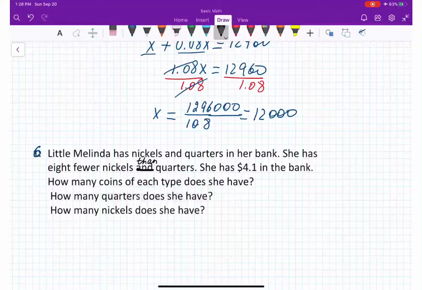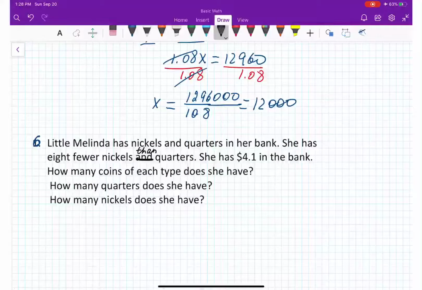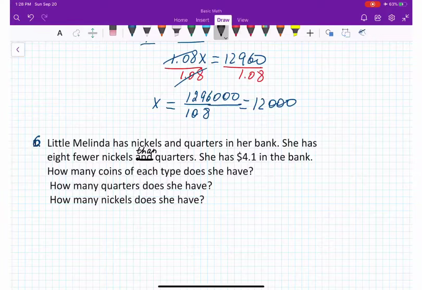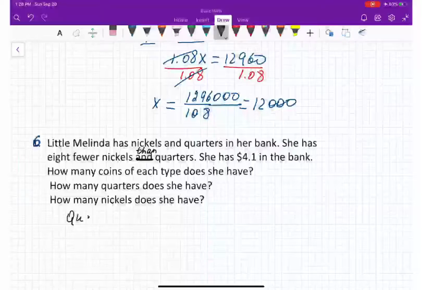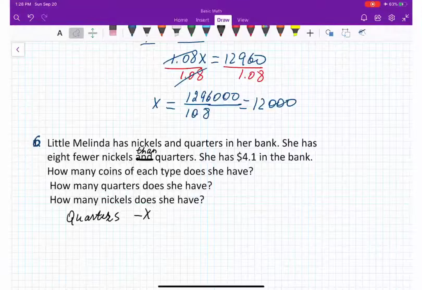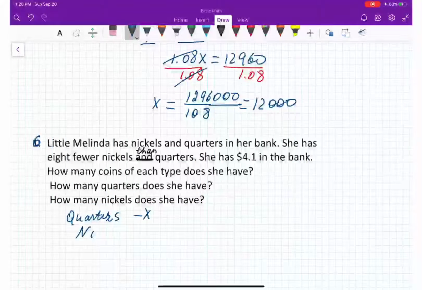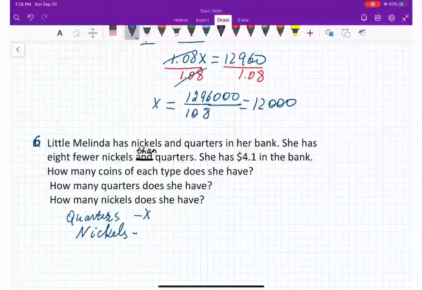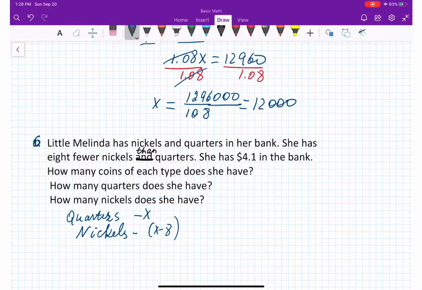I was dictating through Siri, and that's what happened. Okay, so 8 fewer nickels than quarters. If our quarters are X, because we don't know how many it is, right? Then nickels are going to be X minus 8, correct? Because fewer nickels, less than quarters.